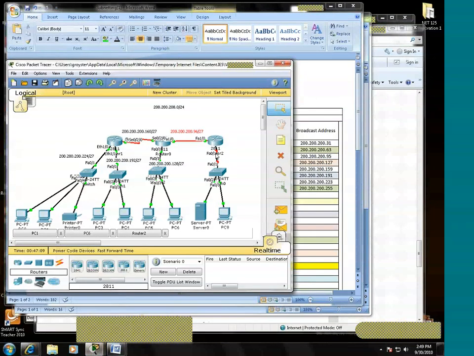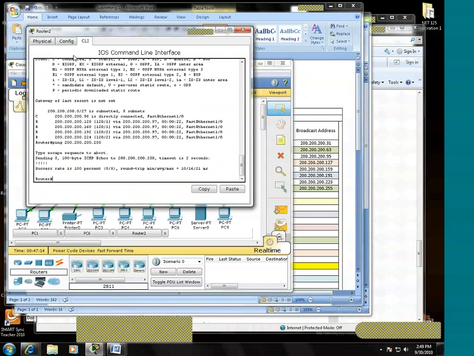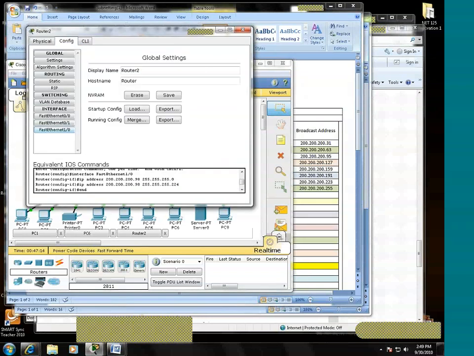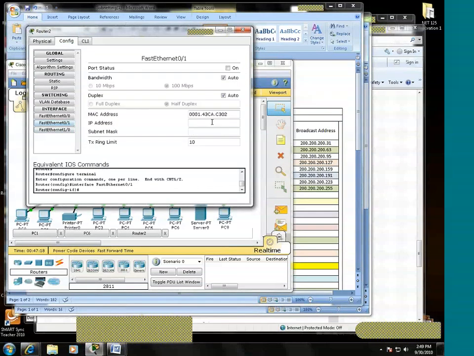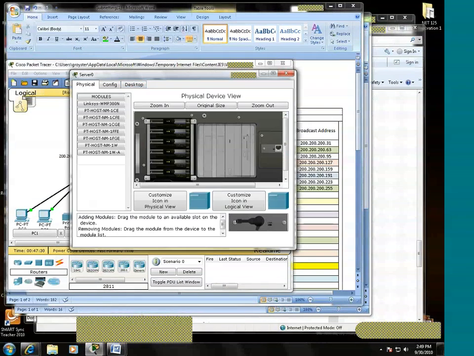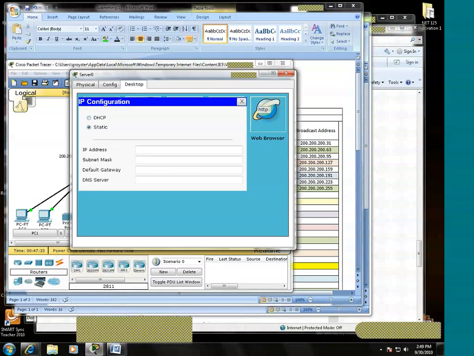And let's see, we need to configure F0/1. .65, turn on the interface. Okay, program the server IP address, 200.200.200. And we'll make it the highest in the range, which will be 94.